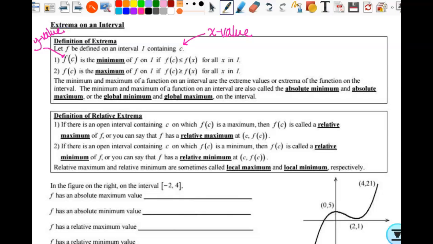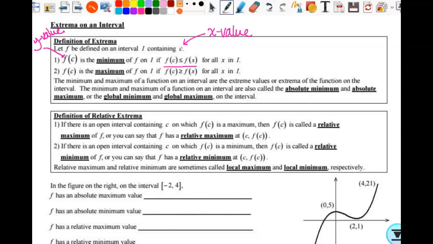So f of c is the minimum, so we know about maximums and minimums, right? It's the minimum of f on I, so it's the minimum of the function on the interval if f of c is less than or equal to f of x. So f of c is a value, f of x is our function, right?